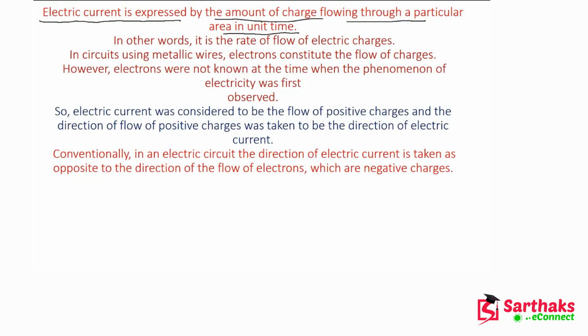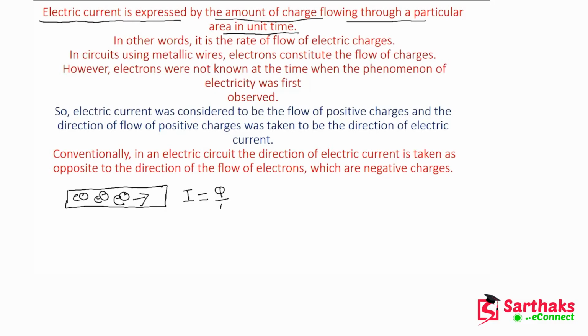So let's suppose this is a metallic wire and it has electrons flowing like this. Okay. So if I want to calculate the electricity or the current here, how can I calculate it?